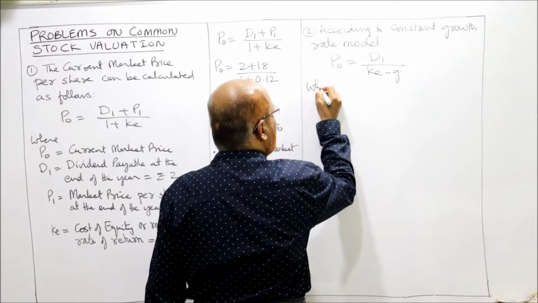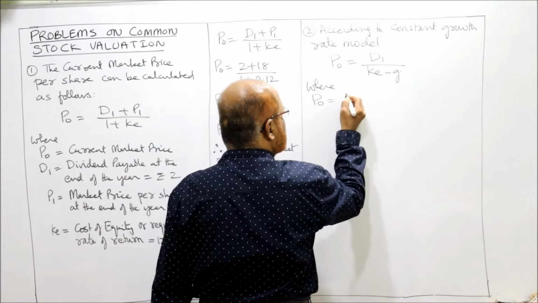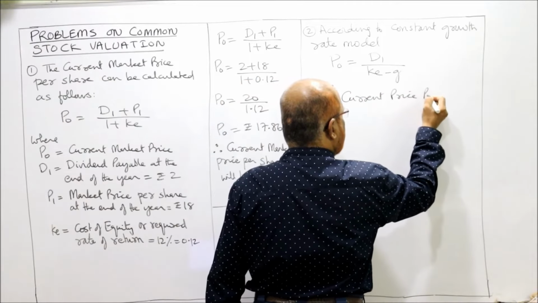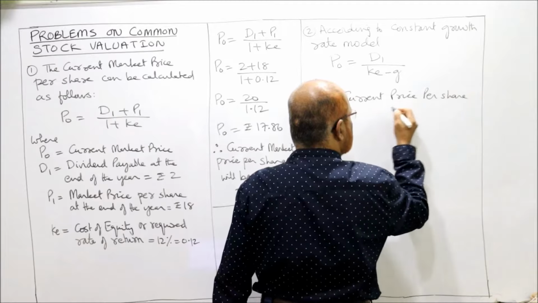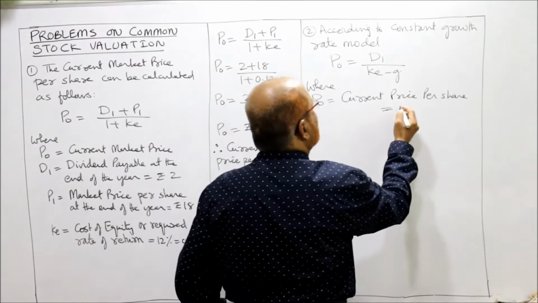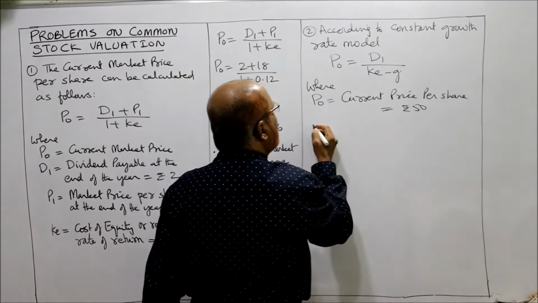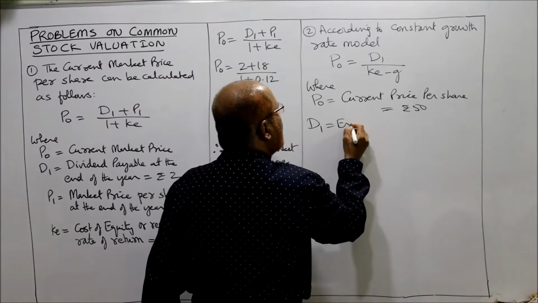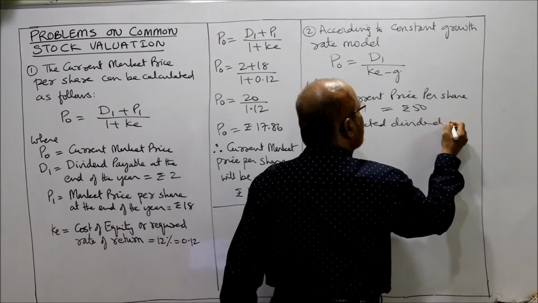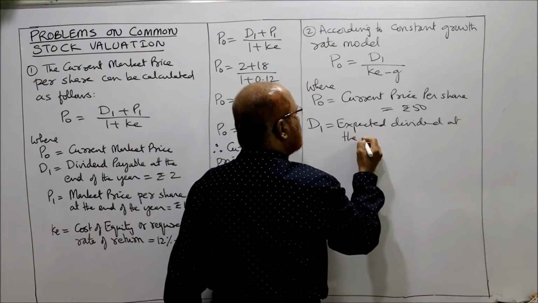Where P0 is equal to current price per share. This is given in the problem. What is the price per share now? 50 rupees. And D1 is the expected dividend at the end of the year.